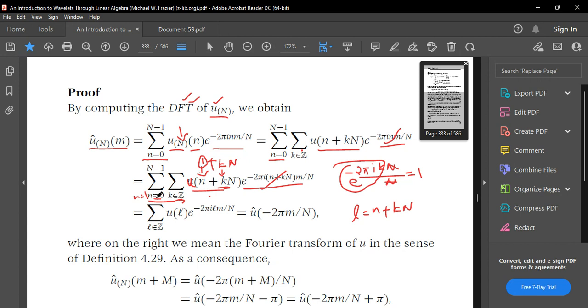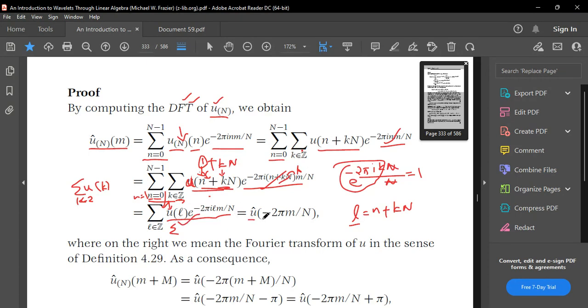So if we take small n equal to 0 to N minus 1, you will get all the u values: the summation k belonging to Z of u of k. All the k values will appear here. So while expanding this summation and changing the index n plus kN to l, we will get only one summation here: the summation l belonging to Z of u of l e raised to minus 2 pi i l m by N. This is replaced by l, and what is this result?